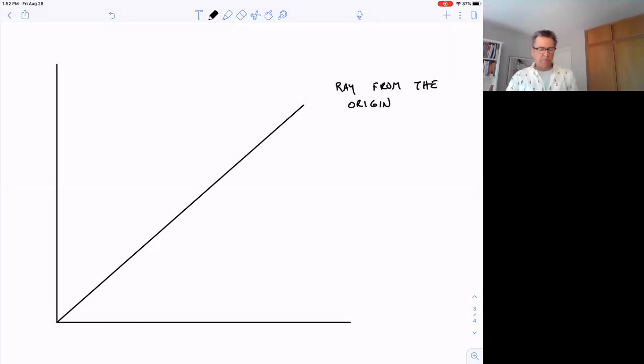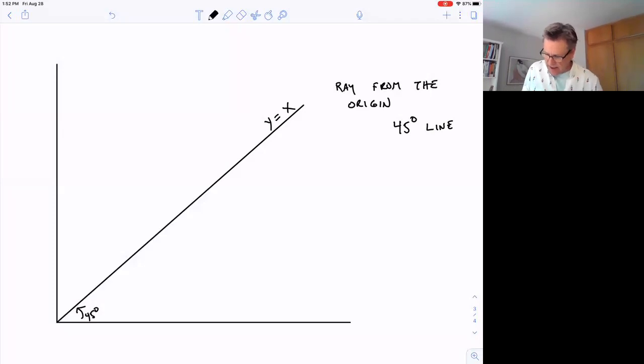And a particularly important line that I want you to be aware of is one that's called the 45-degree line. And that line is one that has an angle right here of 45 degrees. It's also where the slope is 1. The equation of this line is y equals x, meaning the slope is 1 and the y-intercept is 0.